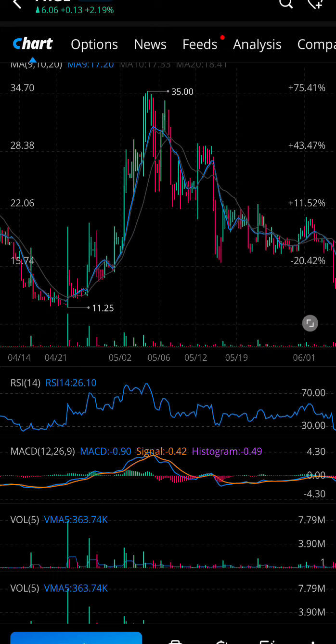So with this example right here, I'm going to be showing y'all what I'm talking about whenever I say SMA line or RSI, MACD, or volume, and what each means and how to use it during a trade.